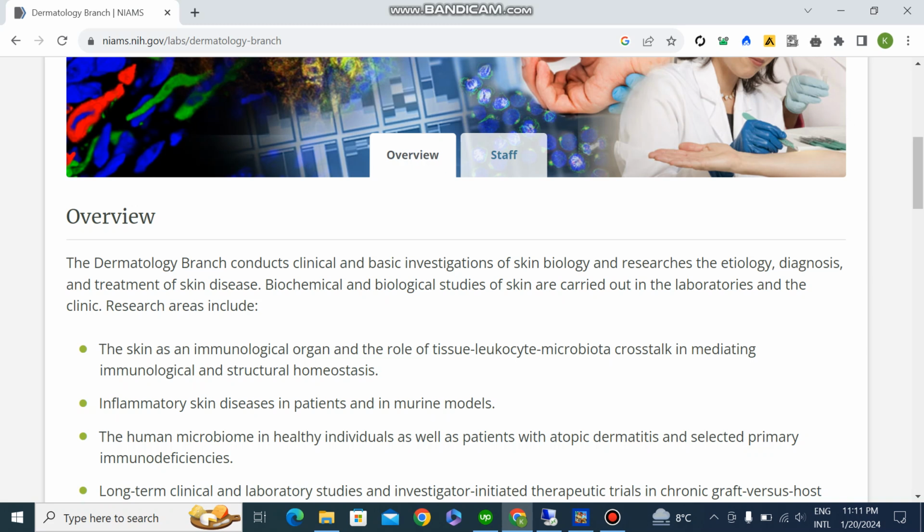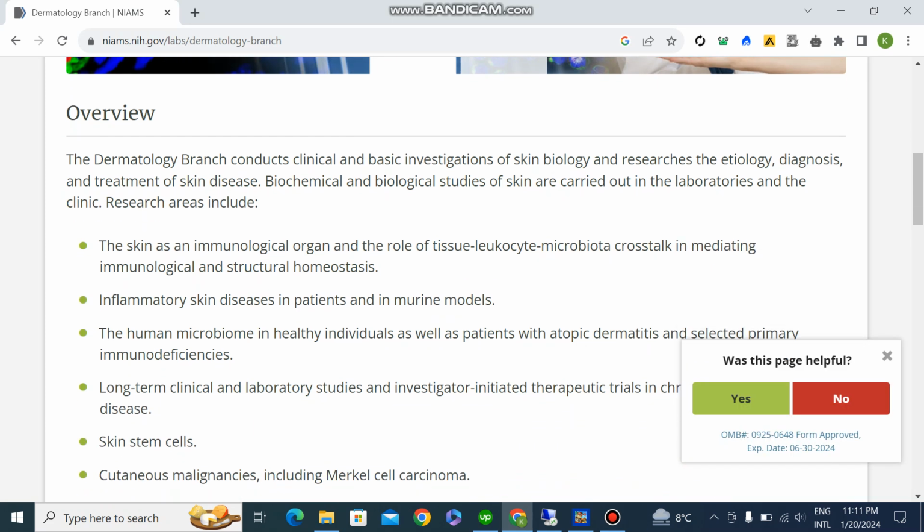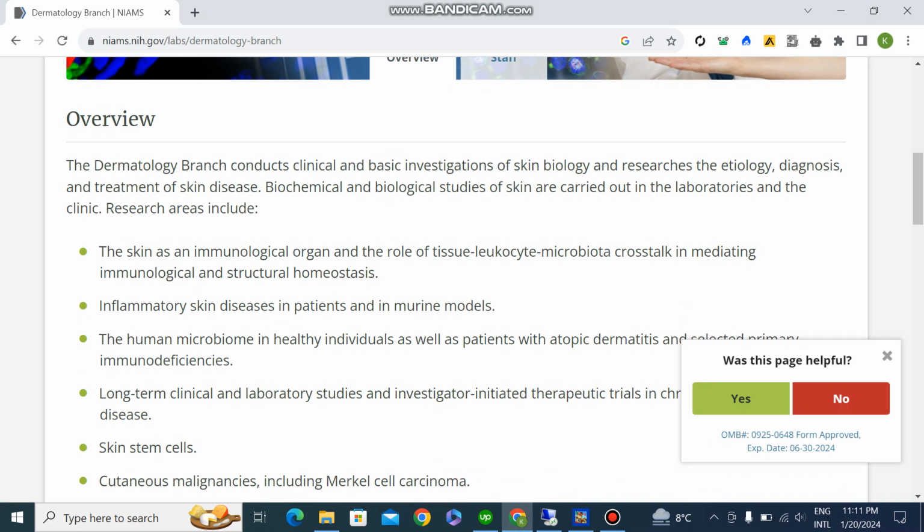Biochemical and biological studies of skin are carried out in the laboratories and the clinic. Research areas include the skin as an immunological organ and the role of tissue, leukocytes and microbiota crosstalk in mediating immunological and structural homeostasis, and inflammatory skin disease in patients and in murine models.